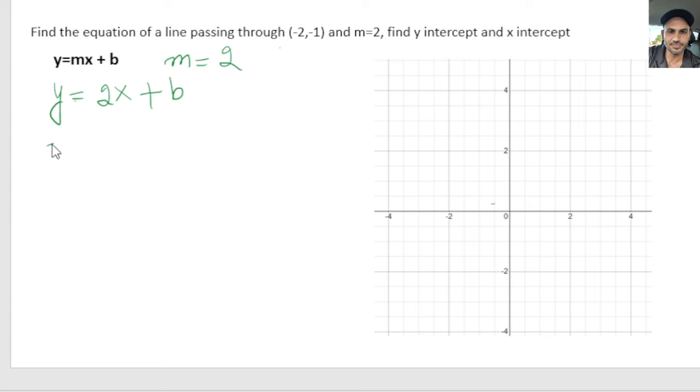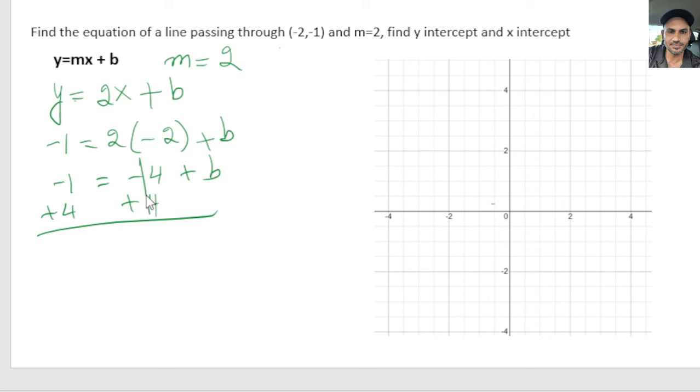So your y value is -1, and your x is -2, so -1 equals 2 times -2 plus b. So it says -1 equals -4 plus b. Now you add 4 on both sides. B equals 3. So your equation is now y equals 2x plus 3.